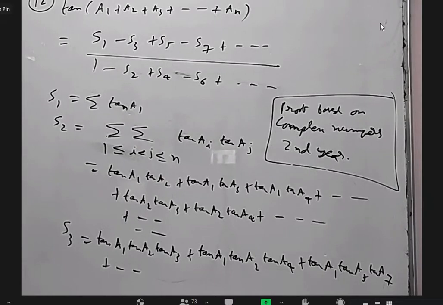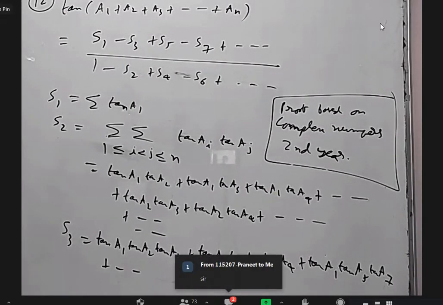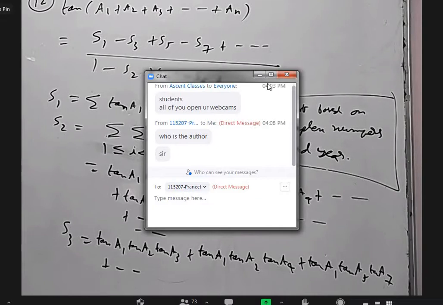But part 1 is everything using trigonometry formulas, and part 2 derives a lot of trigonometric formulas using complex numbers, with a lot of applications also. S.L. Loney, L-O-N-E-Y, Plane Trigonometry.